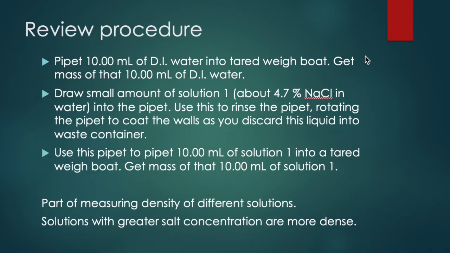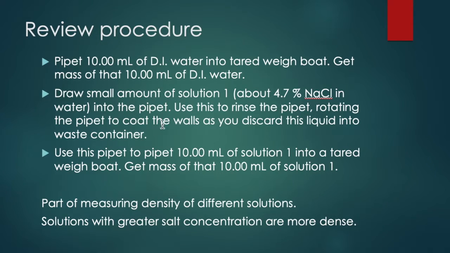So that's what we're going for in this lab. And so we are starting with DI water, using the volumetric pipette to transfer 10 milliliters of DI water into a weigh boat that has been tared or zeroed out on the balance, and getting the mass of that 10.00 milliliters of DI water eventually so we could get the density.